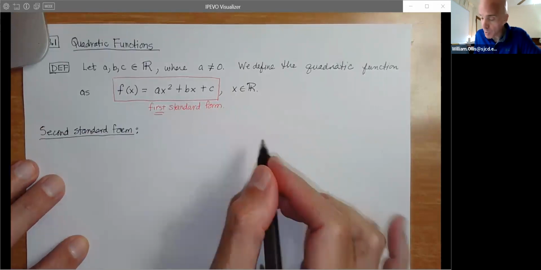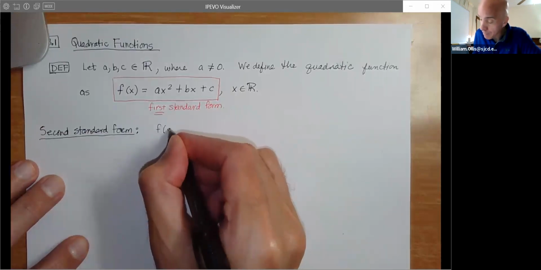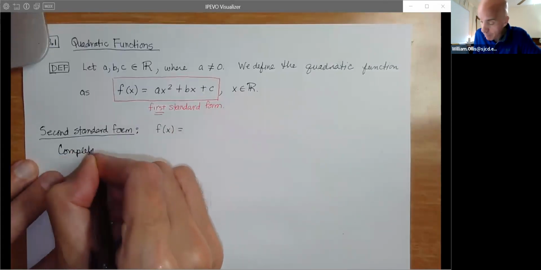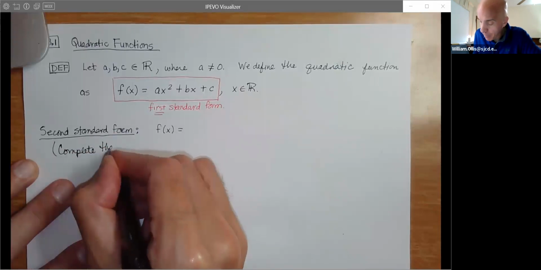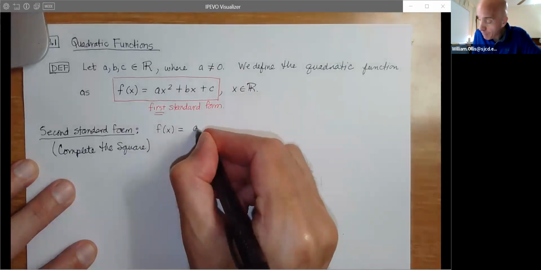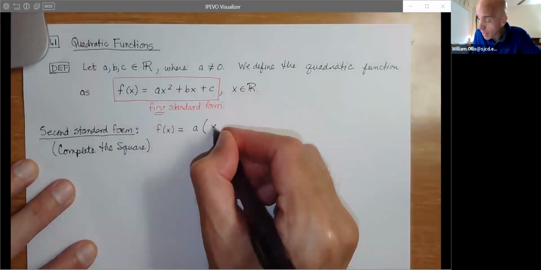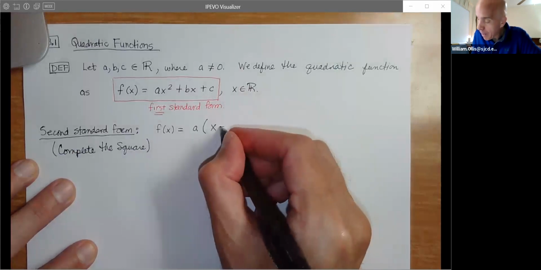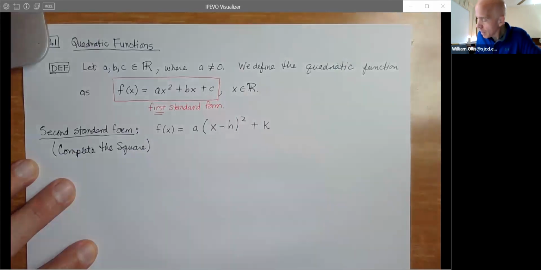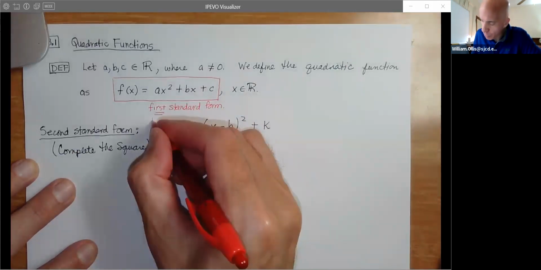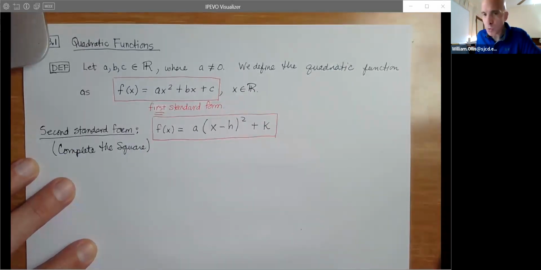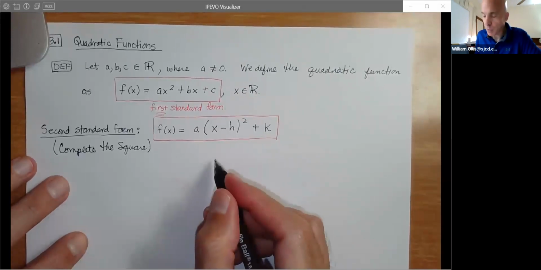So this is what this one looks like. We can say f of x equals, we basically complete the square. And so we preserve the a, but when you complete the square, we generate an h and a k. a times x minus h quantity squared plus k. So this is like the equation of a circle. This is the second form. Now, what's interesting about this, and here are the attributes here.